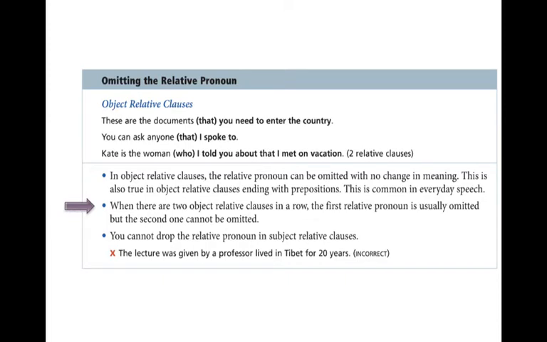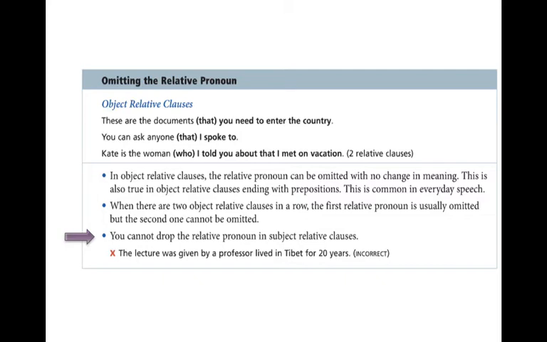When there are two object-relative clauses in a row, the first relative pronoun is usually omitted, but the second one cannot be omitted. That's this example. You cannot drop the relative pronoun in subject-relative clauses, so you must be careful and understand the grammatical relationship between the words in a clause. The lecture was given by a professor who lived is okay, but the lecture was given by a professor lived in Tibet for almost, that's not right.